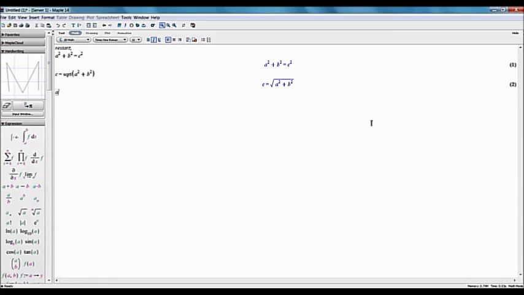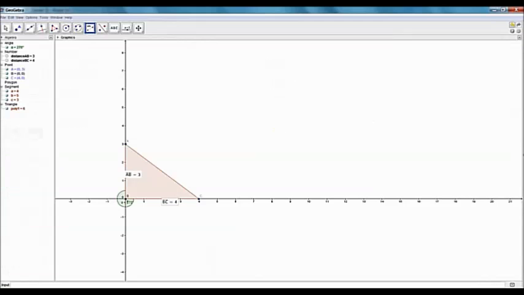Now we know that a in this case is 3 and that b in this case is 4. So now to solve for c, we're just going to substitute in a and b. We get c equals 5, which is what we expected. Now we'll just go here and make sure that that's true, and we see that the side length equals 5.